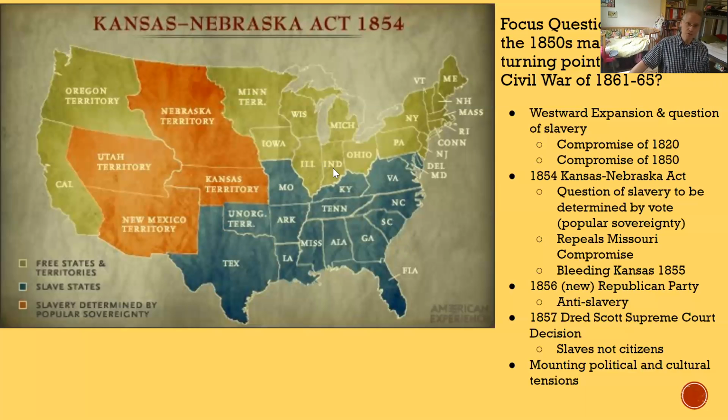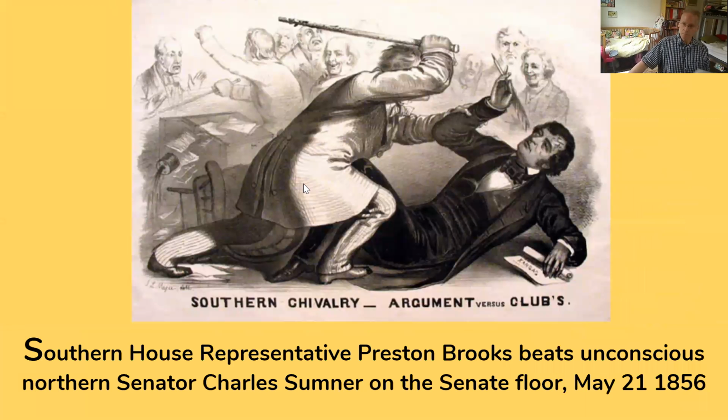This enrages Northerners who consider that now the South is trying to impose their way of life on them through the Supreme Court by taking away the human and civil rights of people of color, including free people of color who live in the North. Okay, so this is very grave and will lead to civil war.